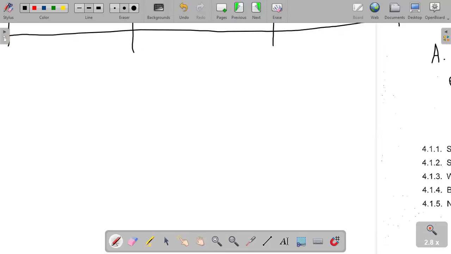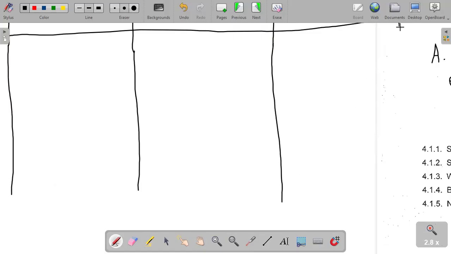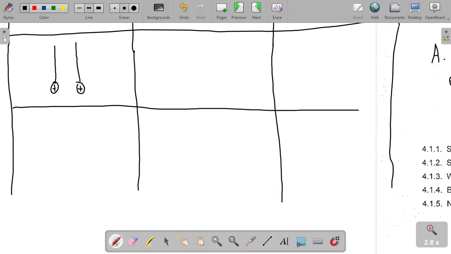Then the second diagram, we have a positive and a positive. And then the third diagram, we have a negative and a negative.